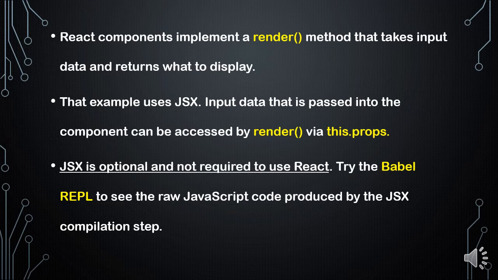We will discuss this.props in other videos, and today I will discuss the render method. JSX is optional, as I told you, and is not required to use React. If you write JSX, you can try Babel to see the raw JavaScript code produced by the JSX compilation step by step.